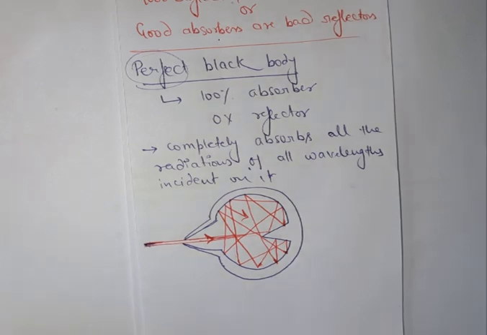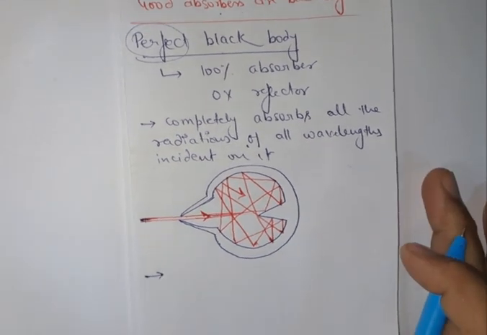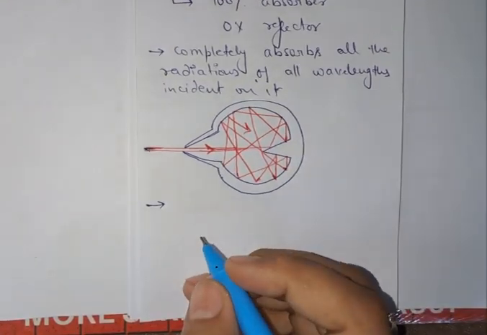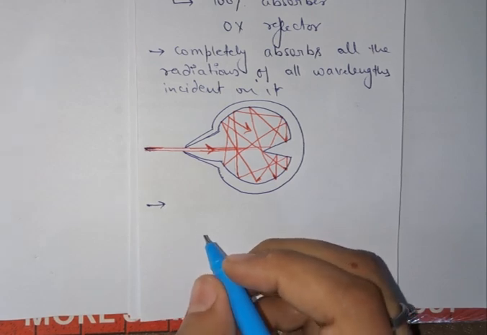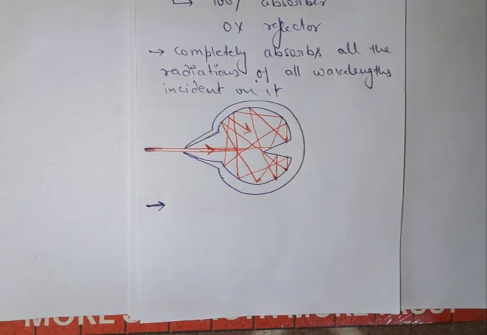Now suppose, since it is absorbing, there is a condition in this. What is this condition? If this black body is heated, there might be a limitation also. Whatever the amount of energy provided, it might get absorbed by the object.